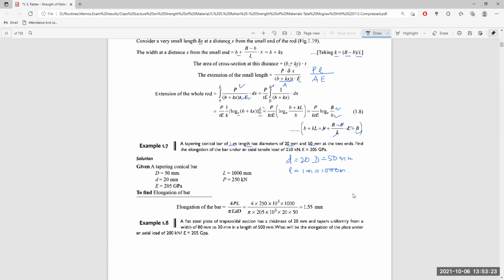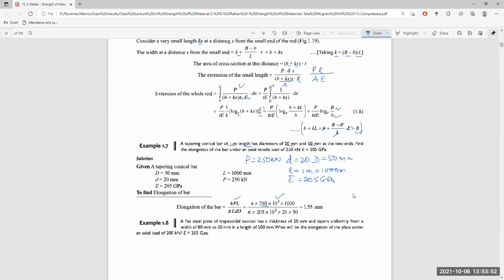And E is given as 205 GPa. So we have the formula, just reduced: 4 into P into L divided by pi E d D. Here the actual load is given as P equal to 250 kN, so 250 kilonewton is converted into newton by multiplying by 1000.